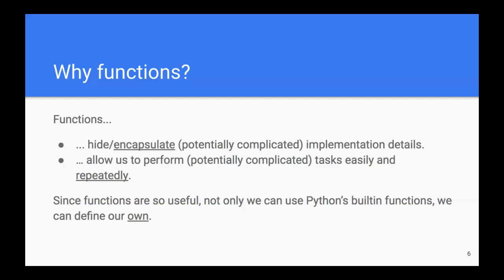We use those all the time, and we do them very easily because we can just call a function. Since some functions are so useful, not only can we use Python's built-in functions, we can define our own, and this is what we are going to do today.